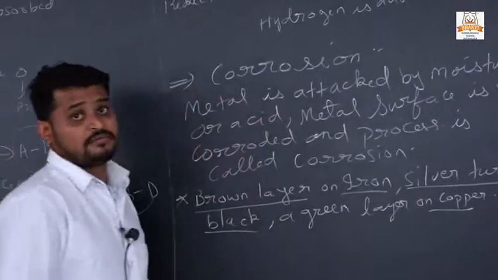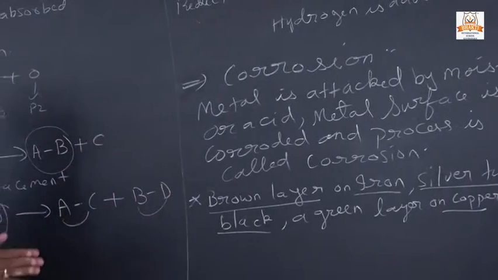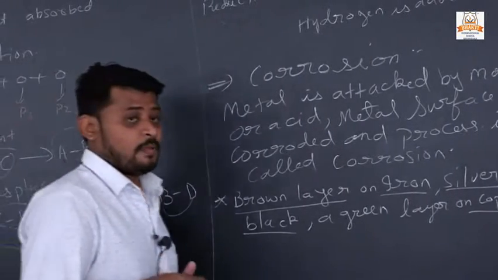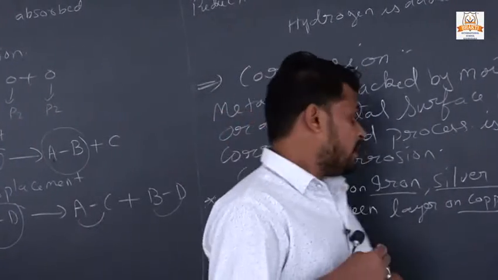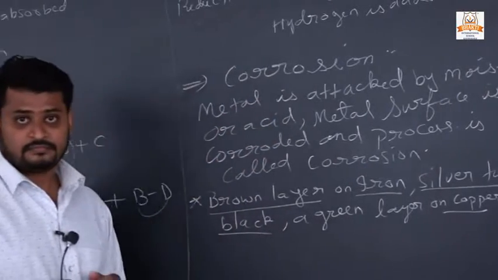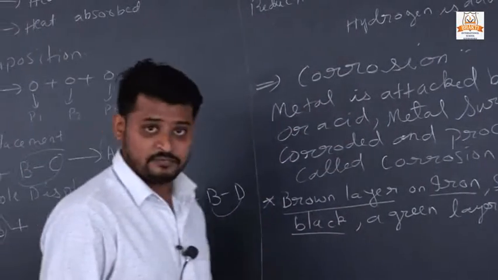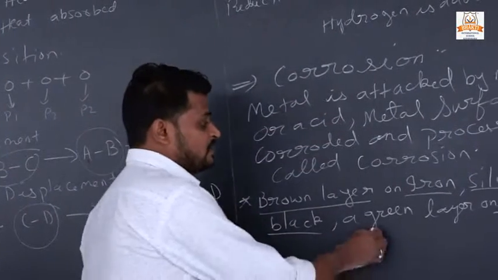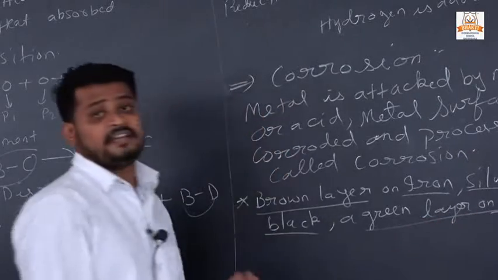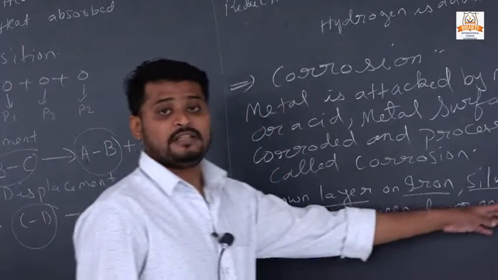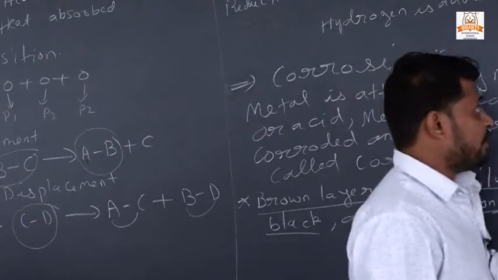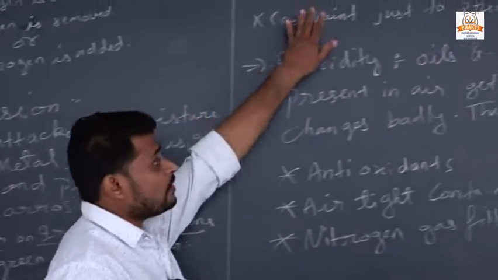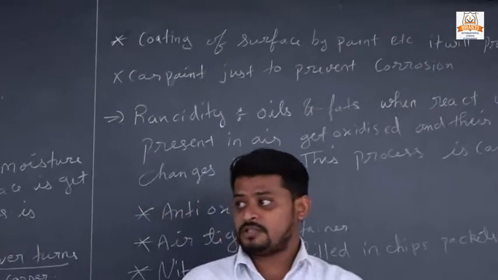You all have seen copper. On copper there is a green color layer covering it, that is the example of copper that is corroded.